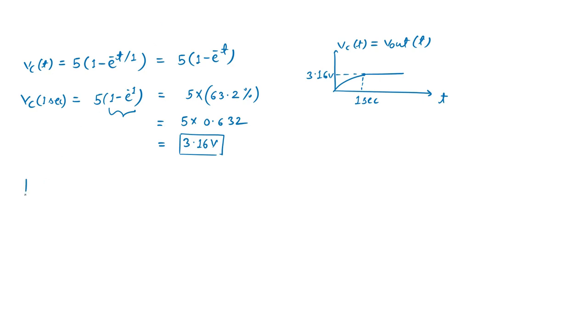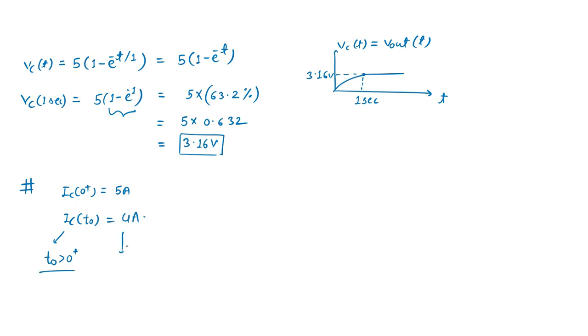Now what about the current? We have seen that the initial current of the capacitor was 5 ampere, and as my capacitor was charging slowly, this current was reducing. Let's say at some other instant, just greater than t 0 positive, it is 4 ampere.